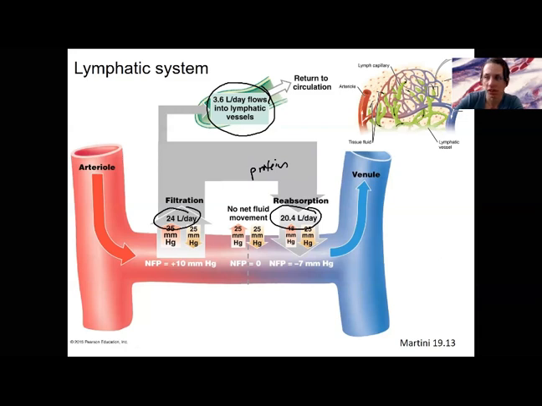And increase filtration at the other end, right? Another one is if you have some blockage of the lymphatic system, that could also cause edema, swelling of the tissue, if you don't have the lymphatic system draining this out, because in all the capillary beds there's more fluid going from the capillaries than there is back into the capillaries.